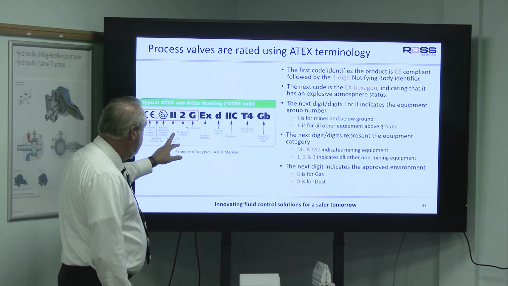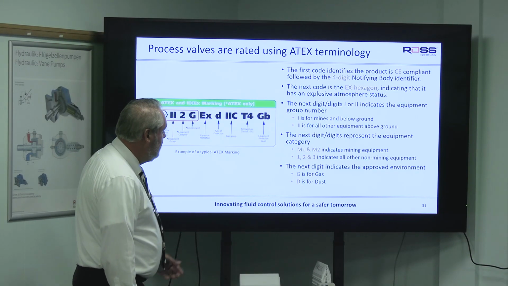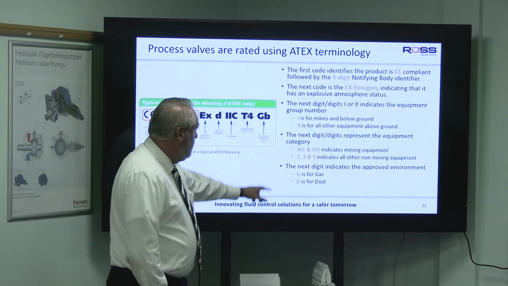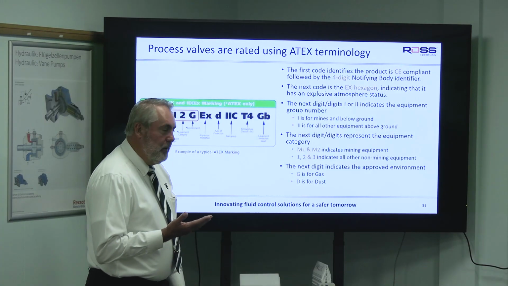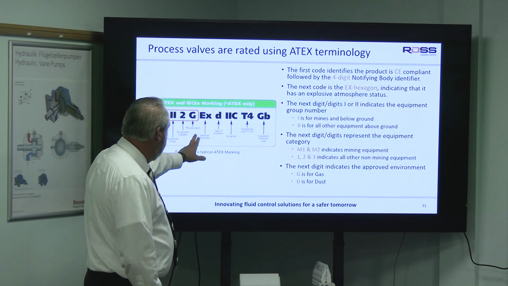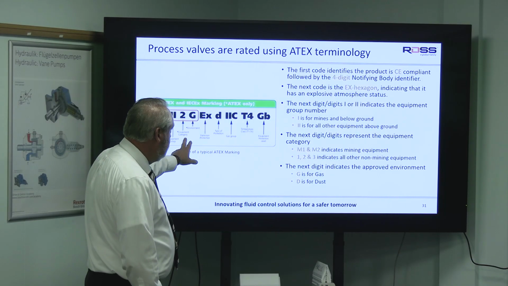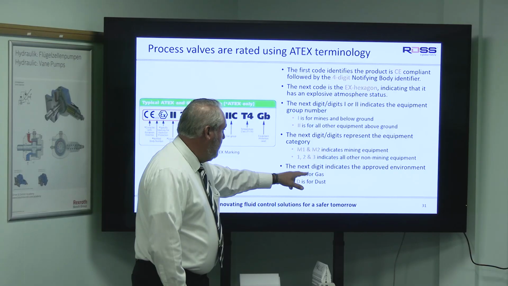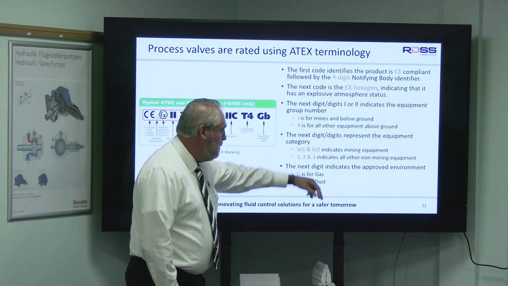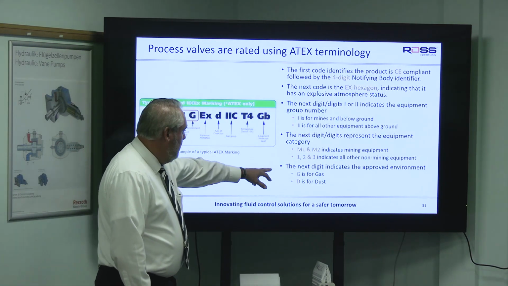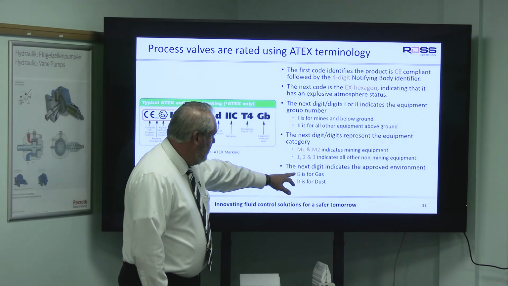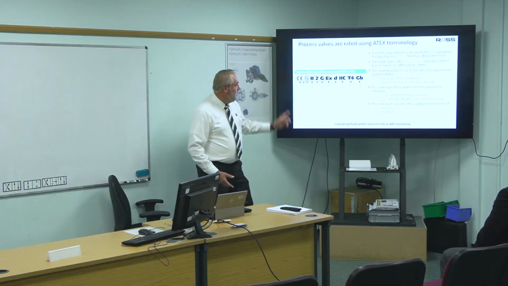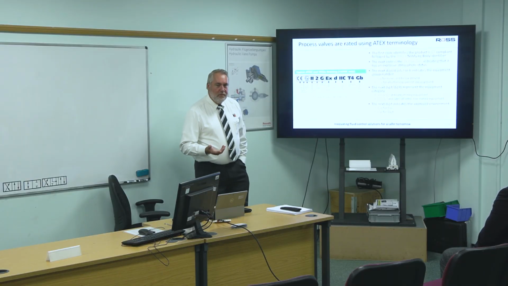Then the next one, it tells you the type or group it's in. If you look, group 1 is for mines and below ground. Group 2 is for all other equipment above ground. And then you get on past that into your equipment categories. M1 and M2 are mining. And 1, 2, and 3 are non-mining equipment. And then the last digit here, G is for gas, D is for dust. So depending on what you have in your environment, this tells you which valve you need to use.